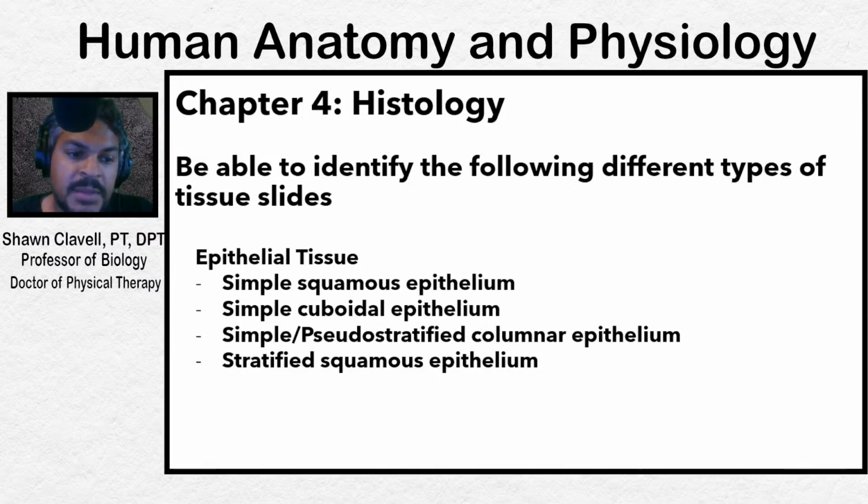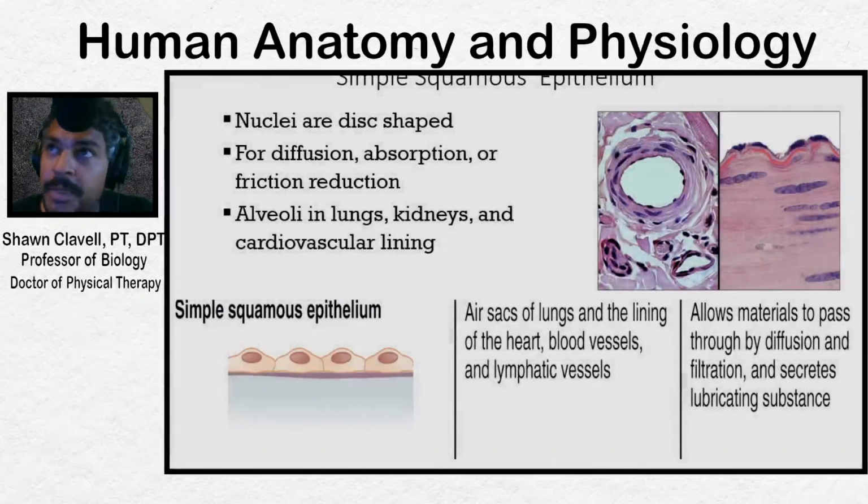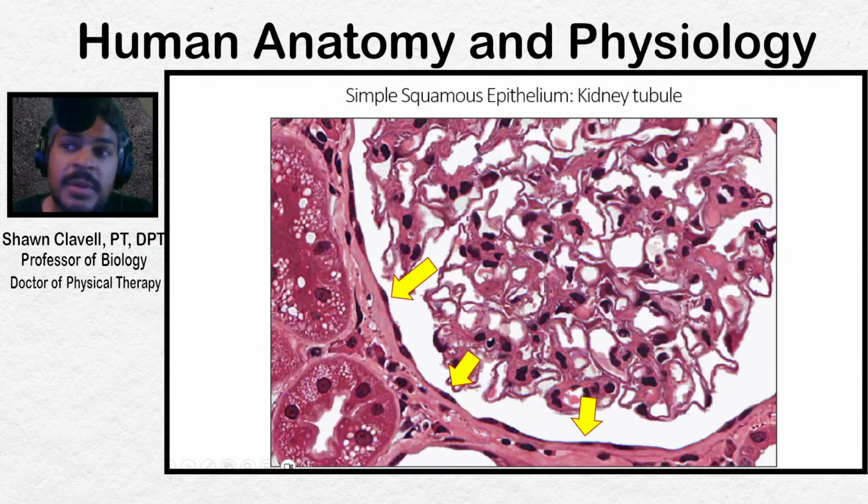So again, these are the types of tissues that you should be familiar with as it relates to the epithelium, right? So let me see if I got some slides here. So again, first is our example of simple squamous epithelium. In this example here, you can see on the outside lining of the kidney tubule, you'll see simple squamous epithelium.